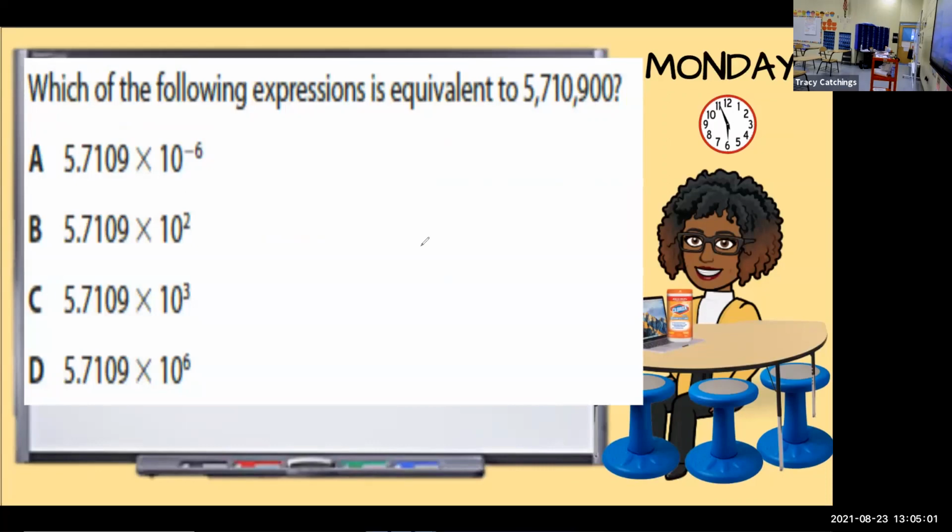All right, I'm going to give you about 30 seconds to a minute. All right, they want us to put this number in scientific notation. Faith, can you put this in scientific notation for us?